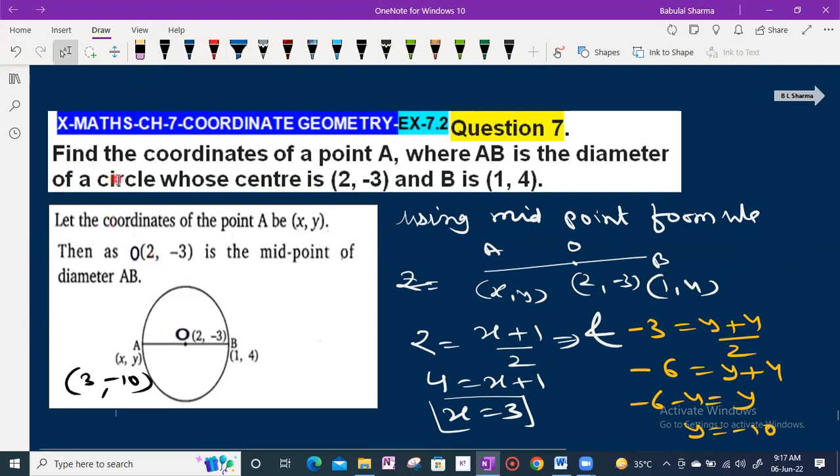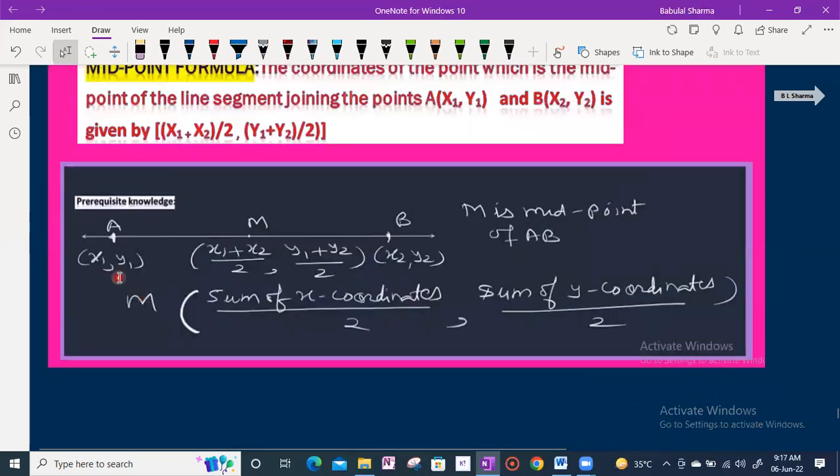And this is the answer of the question. This is what was asked: find the coordinates of point A where AB is the diameter of a circle whose center is (2, -3). Students, here we are given the coordinates of the midpoint. O is the midpoint. Using the same formula, if A is x1, y1 and B is x2, y2, the coordinates of the midpoint are x1 plus x2 by 2 and y1 plus y2 by 2.